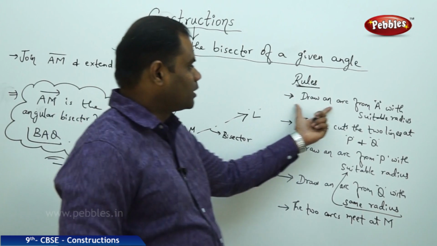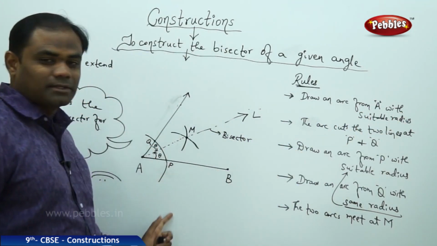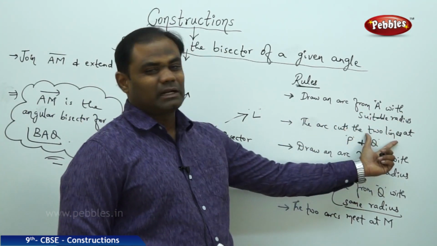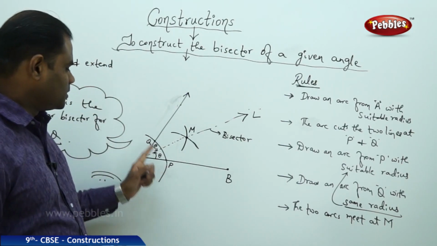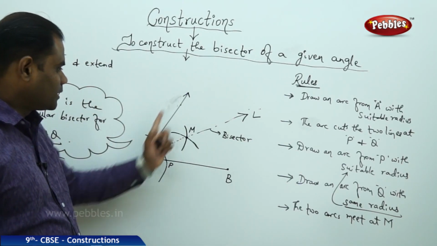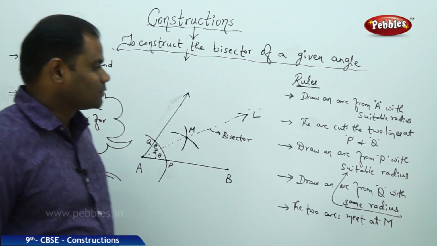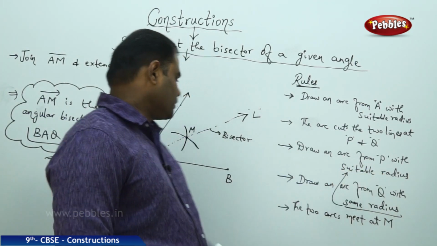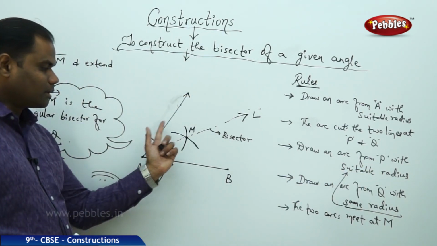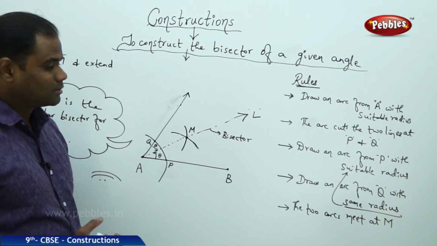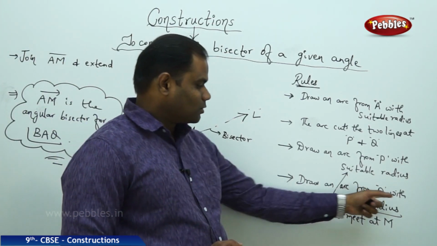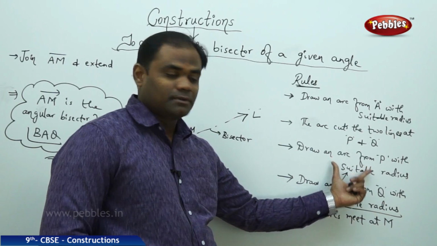Rule 1, draw an arc from A with suitable radius. Rule 2, the arc cuts the two lines at P and Q, the line AB at P and this line at Q. Draw an arc from P with suitable radius. Take the pointer at P and draw an arc with suitable radius. Next, draw an arc from Q with the same radius as the previous one.